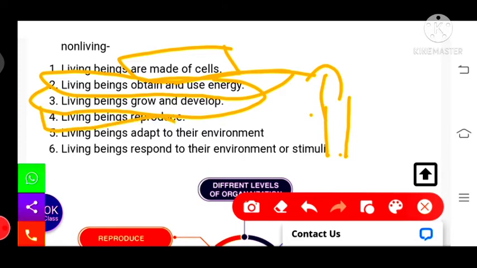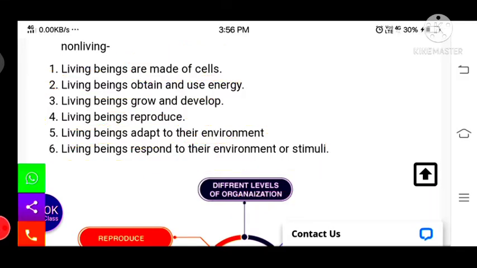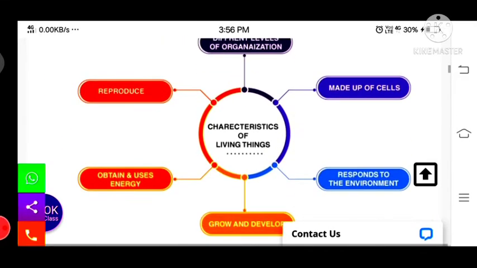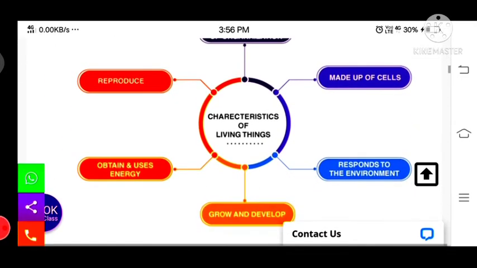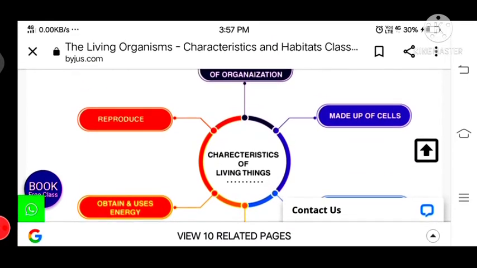And living beings reproduce. Living beings adapt to the environment in which they live. Living beings respond to their environment or stimuli. With the help of this diagram, we can understand the characteristics of living things.